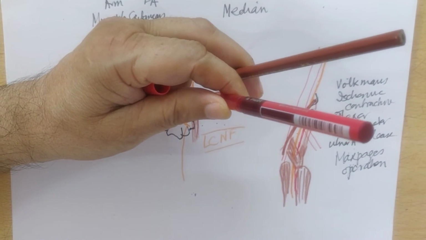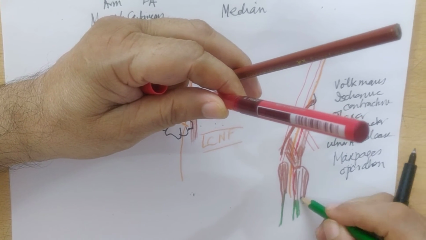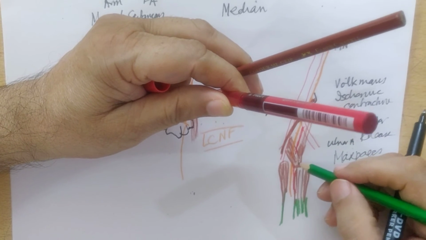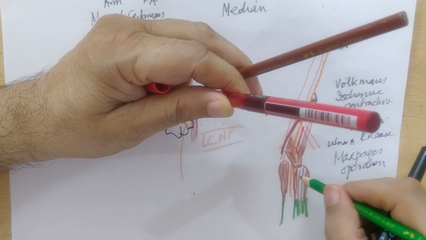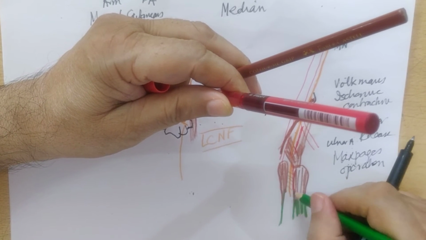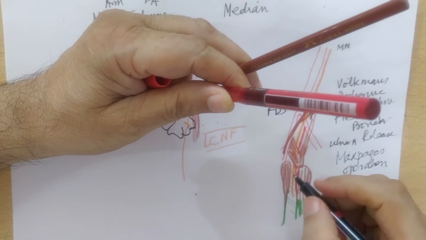Flexor pollicis longus is a single tendon. This has got 4 tendons going to the 4 fingers. So this lies under the flexor digitorum superficialis between the flexor pollicis longus and flexor digitorum profundus on the interosseous membrane, radioulnar interosseous membrane.